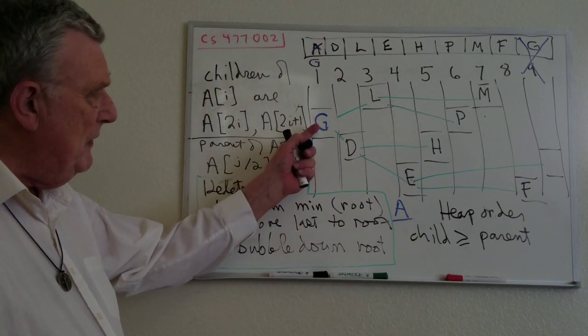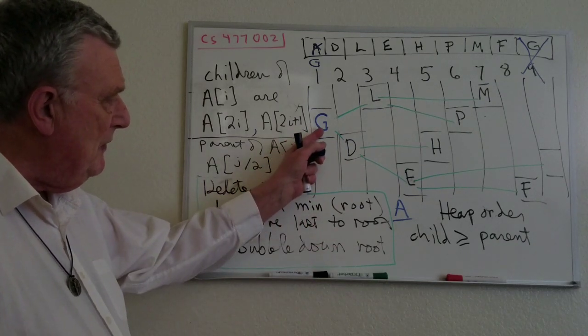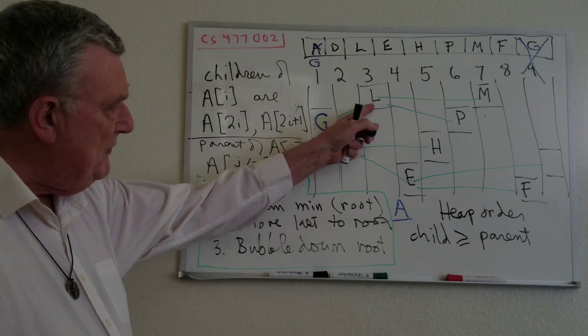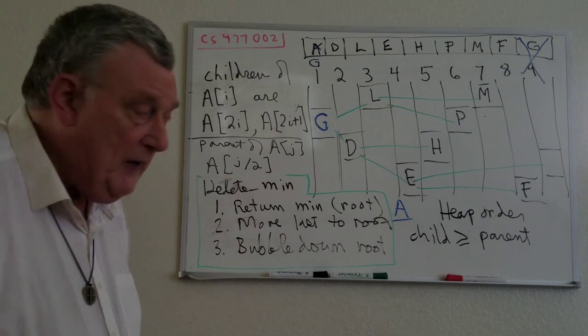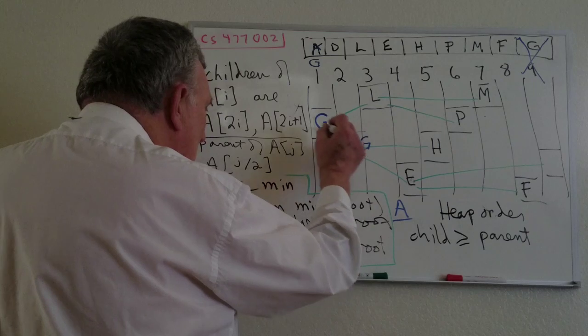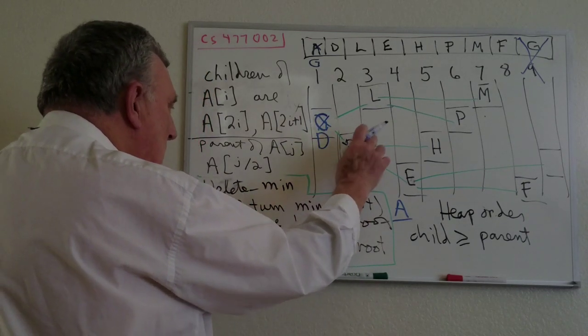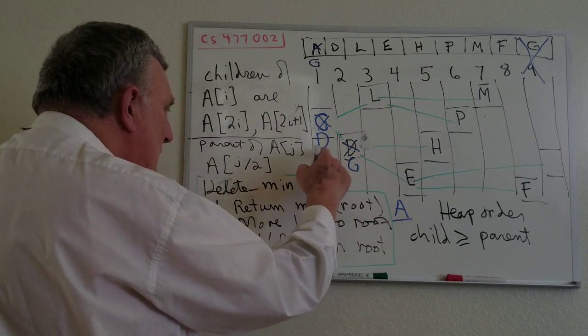Now what you do here is you bubble down. You bubble down recursively until it's stabilized. Look at these two children, D and N. The smaller of them is D. So what you do is you exchange the item with the smaller of its two children.